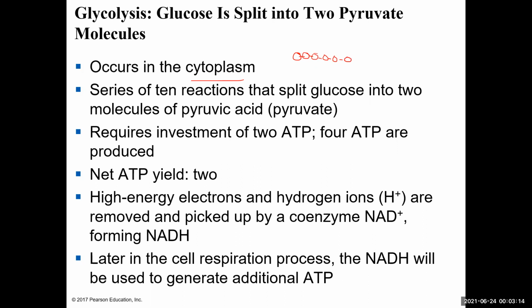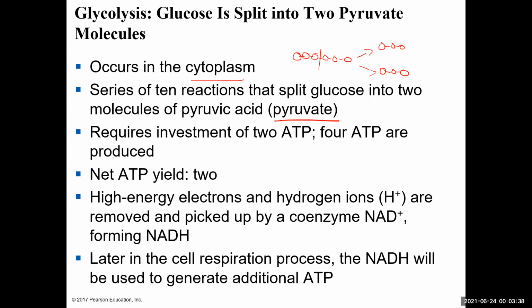Basically what glycolysis is doing is taking this 6-carbon molecule, splitting it into 2, and making 2 3-carbon molecules. These 2 3-carbon molecules are called pyruvate.